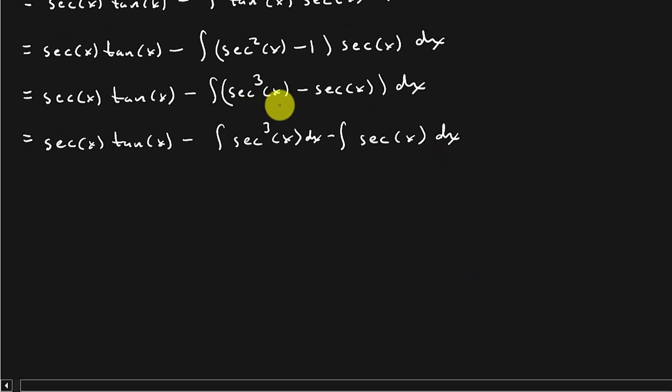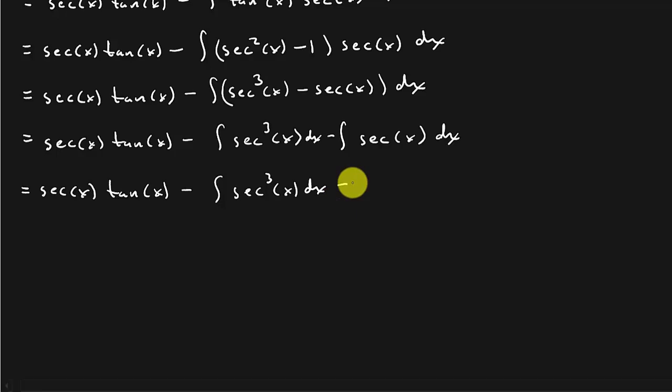All right, so I just split this integral up. And then I know secant x tangent x minus the integral secant cubed x dx, because I don't know how to integrate secant cubed. That's actually the problem, isn't it? That's the original problem. Minus, and then what's the antiderivative of secant x?